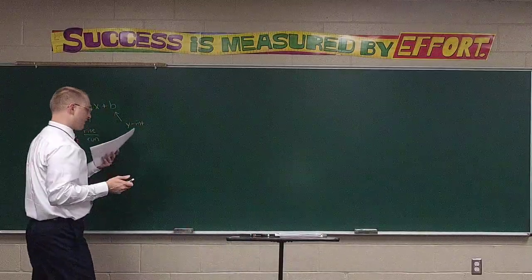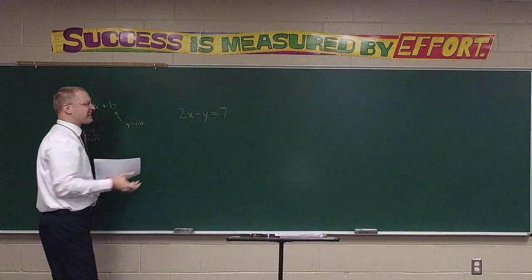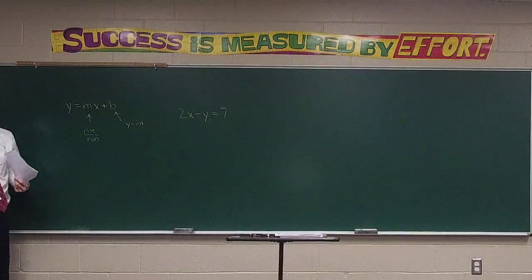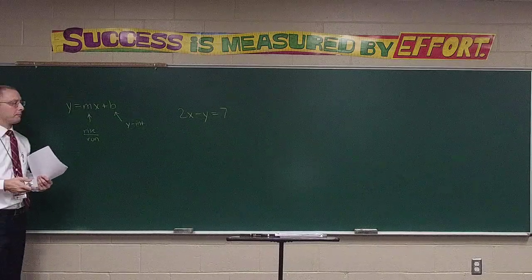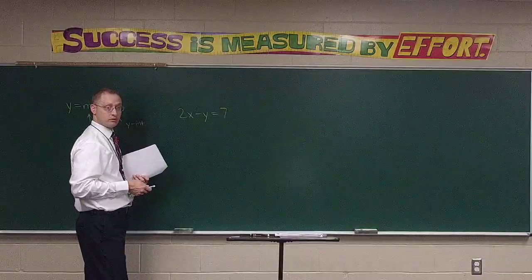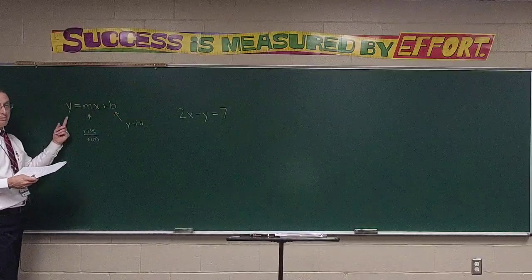So, for instance, if I have the equation 2x minus y equals 7, well, that's not in slope-intercept form. Noah, what might I do to get that equation into slope-intercept form? Remember, the key to slope-intercept form is y by itself.